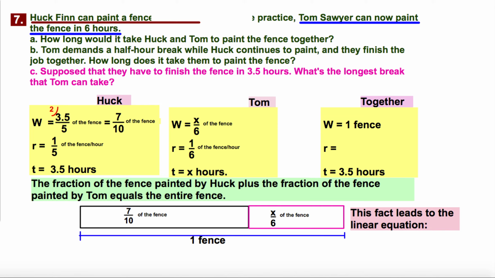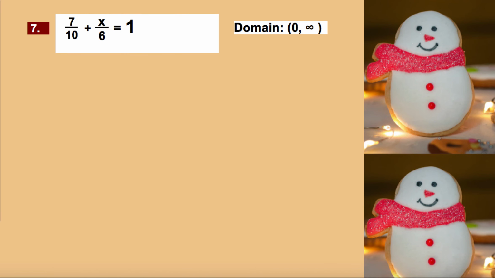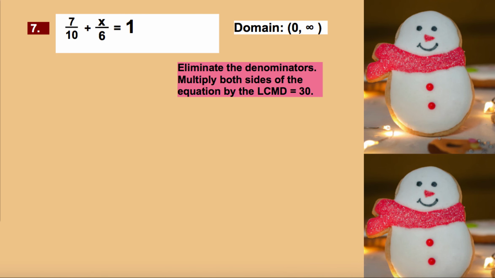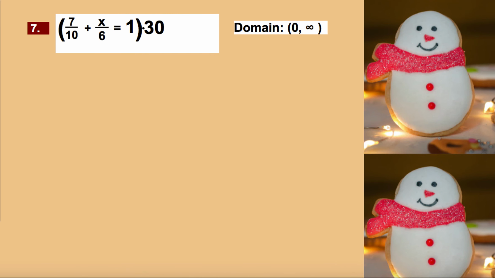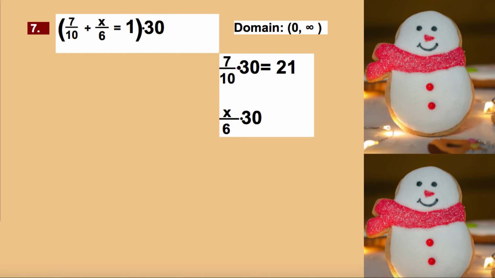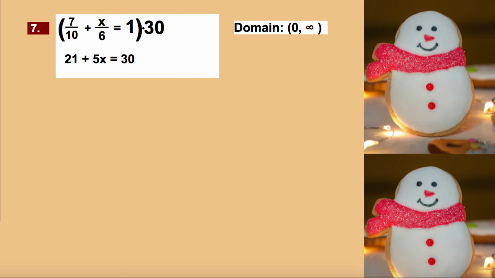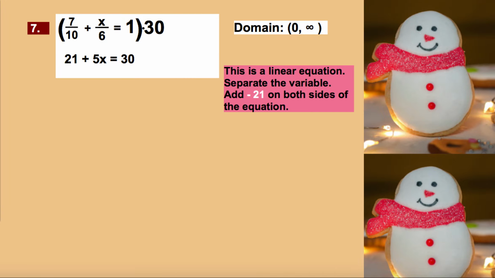This fact leads to the linear equation 7 over 10 plus x over 6 equals 1 on the domain open interval 0 infinity. Eliminating the denominators, multiplying both sides of the equation by the LCD equal to 30, we obtain 7 over 10 times 30, which equals 21, and x over 6 times 30, which equals 5x. Thus, this equation is equivalent to 21 plus 5x equals 30.